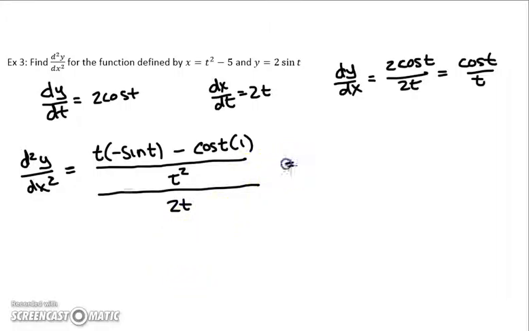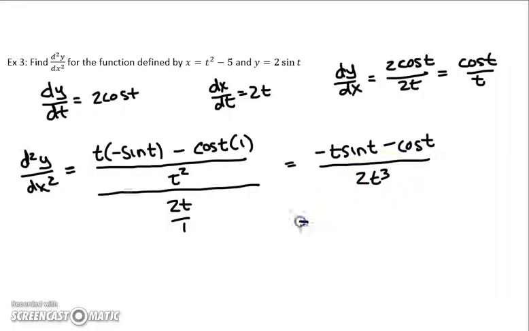So we can simplify this a little bit, think of this as over 1 multiplied by our reciprocal. So we can say negative t sine of t minus cosine of t over 2t to the third. And if you want, we can factor out a negative 1 and put the negative out front of everything and just say negative t sine of t plus cosine of t over 2t cubed.